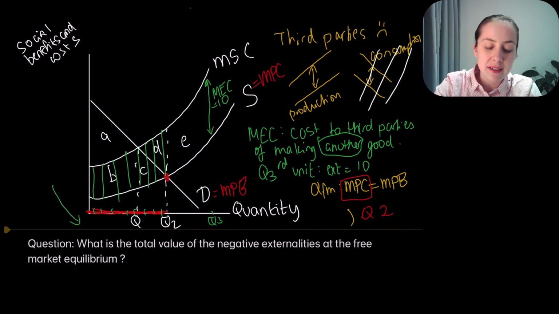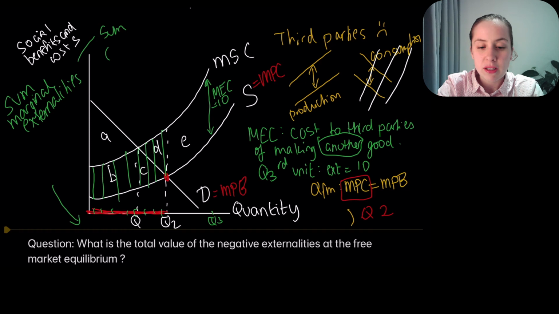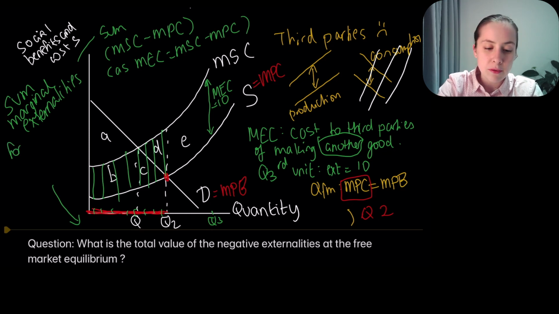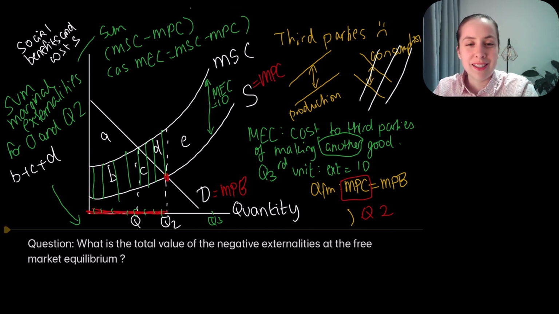So the total value of all the externalities is the sum of all the marginal externalities, which are MSC minus MPC, or MEC, for everything between the origin and Q2, which is going to be really exciting. I think that's B plus C plus D, and that's the answer.